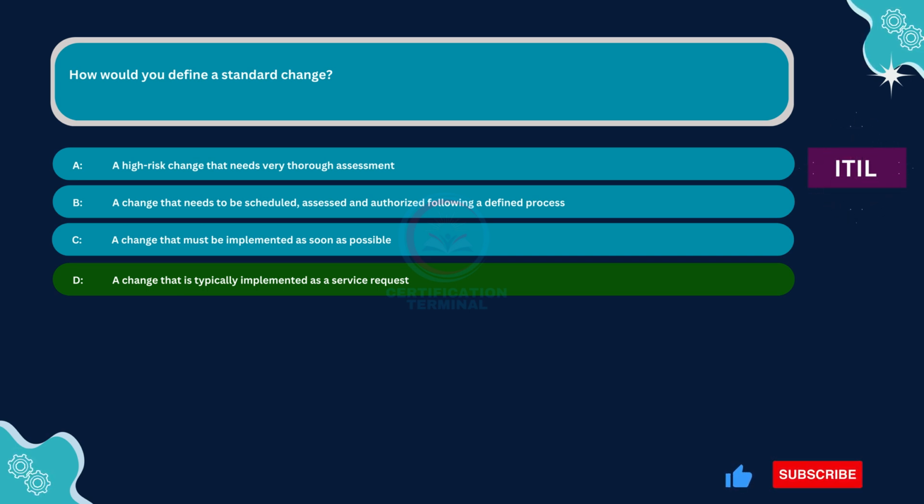Implementing changes as service requests allows organizations to streamline the fulfillment of routine and low-impact changes, improve user satisfaction by providing a standardized process for requesting services, and free up resources by automating the handling of repetitive tasks. However, it's important to ensure that proper controls and oversight are in place to manage these changes effectively and prevent any adverse impacts on IT services and infrastructure.